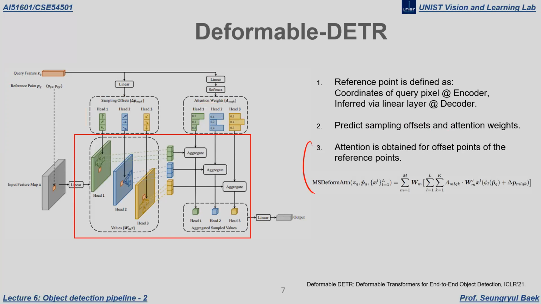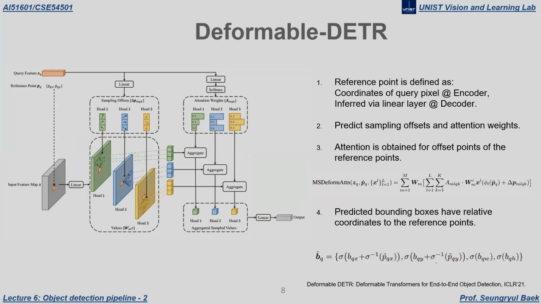So the attention is obtained for offset points of the reference point. So I will show you in detail this formula again in the later slide, okay? And we then predict the bounding boxes relative to the reference point, okay?